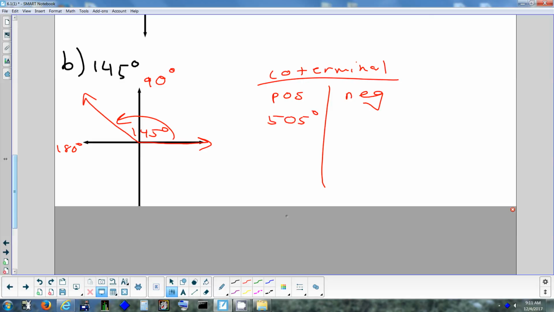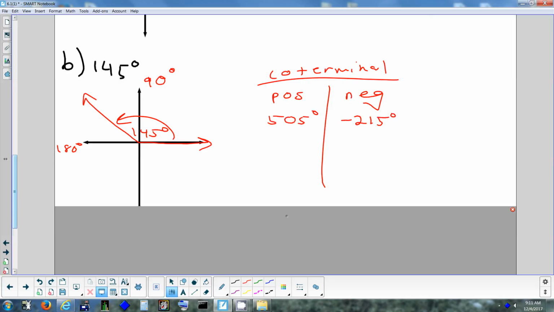Yes, I had to think for a second. 505, 360 plus 145, yep. Okay, and how about a coterminal angle that's negative? Negative 215. You can always double check it by taking 215 and 145, add them up, and they should add up to 360, which they do. Okay, so there's 145.